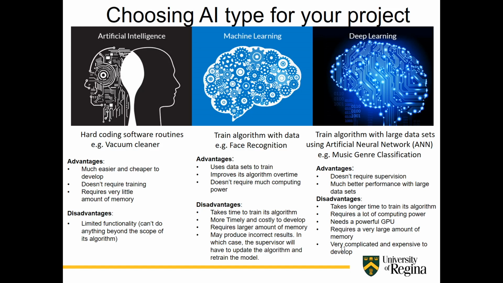Deep learning trains algorithms with large data sets using artificial neural networks, also known as ANN. A good example of deep learning would be music genre classification. So basically, if you feed your computer with a bunch of music and you classify them, the machine will be able to eventually recognize the genre of the music it listens to.